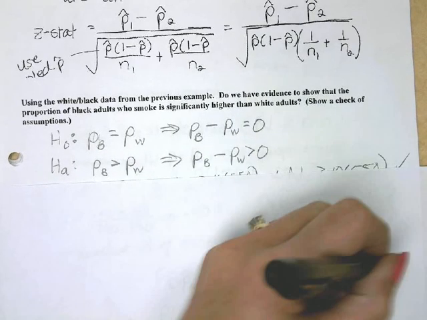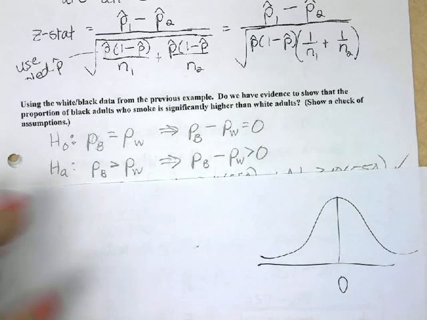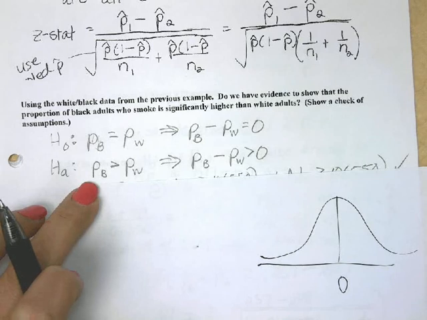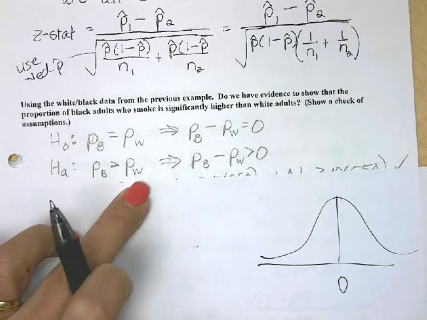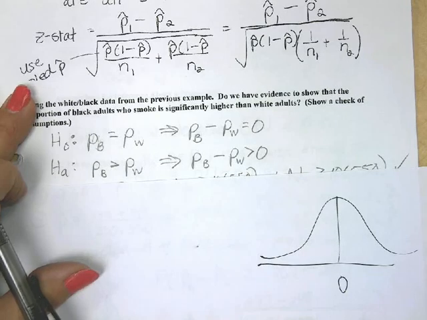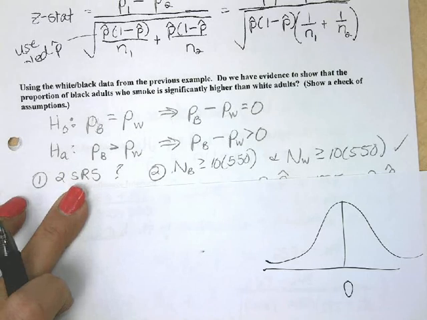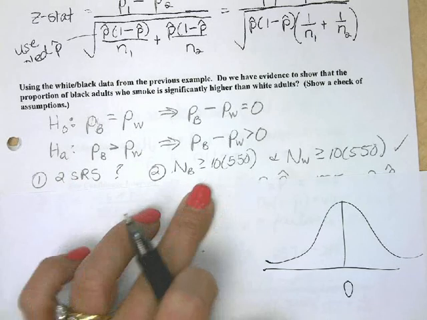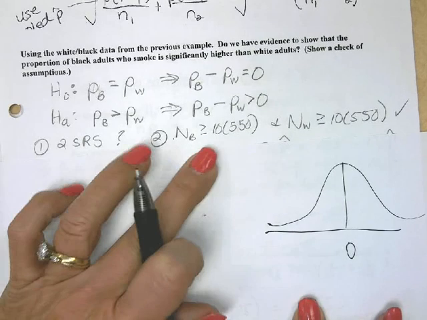So I know my picture is going to be centered at 0. Alternately, I'm thinking that this group has a higher proportion than this group, so that difference would be a positive value. We know we have two simple random samples, and we know we have at least 5,500 people in each group, so we're good to go as far as the standard deviation formula.